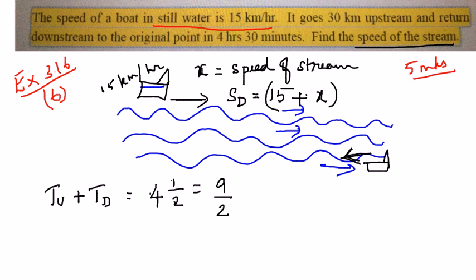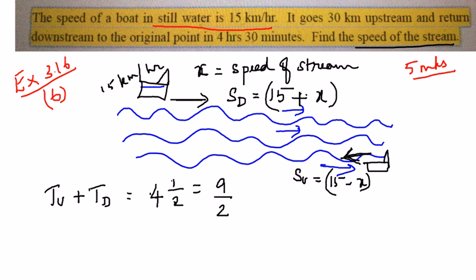So you have to go against the force of the water with your boat. The speed of the boat upstream would be the speed of the boat itself minus the speed of the stream. The stream is not going to help, it's going to oppose it. So that's why the speed is taken as 15 minus x.